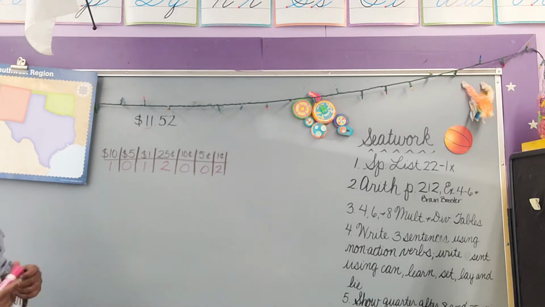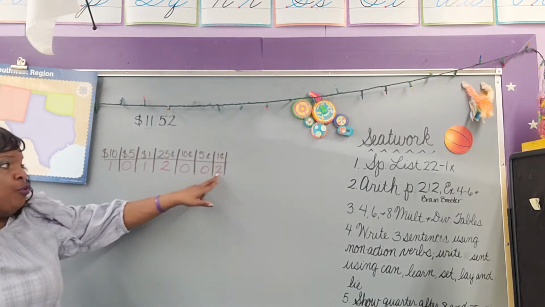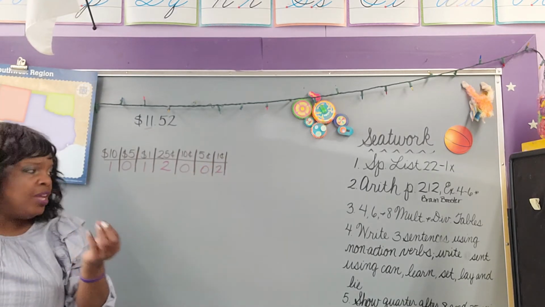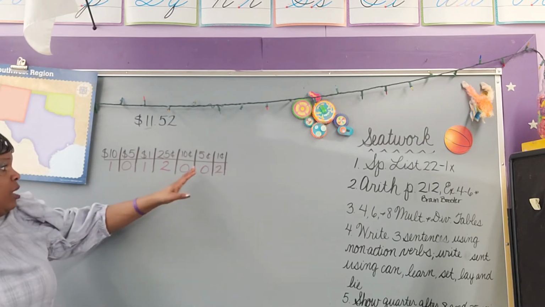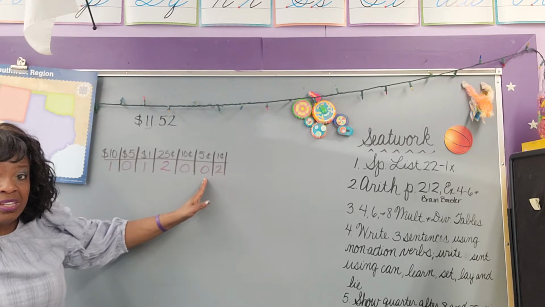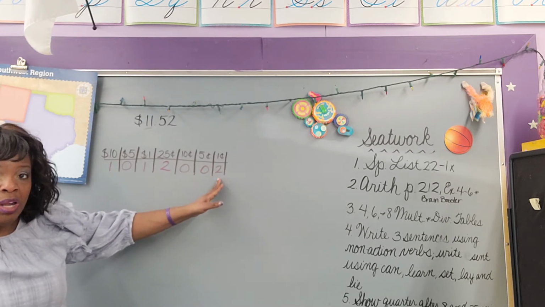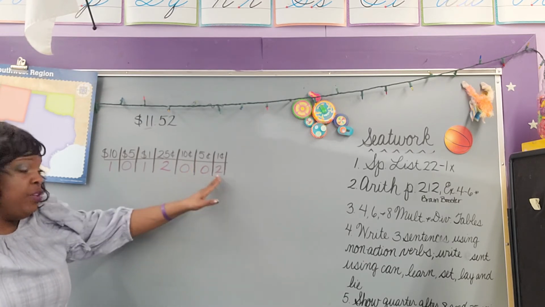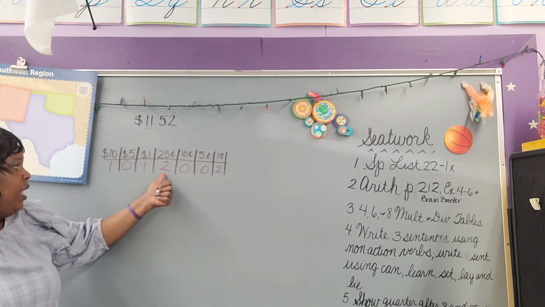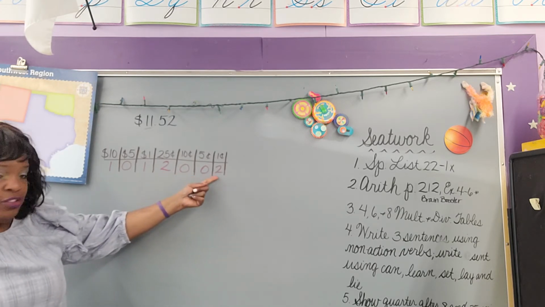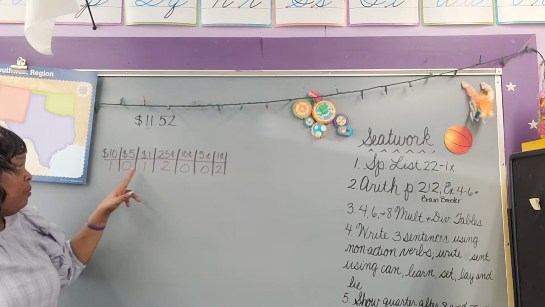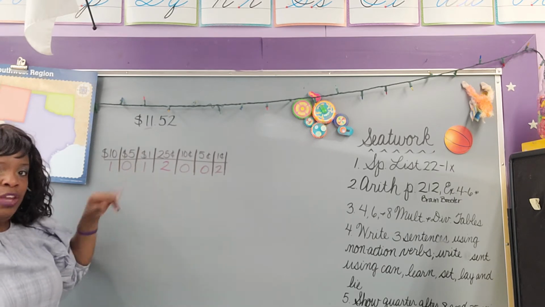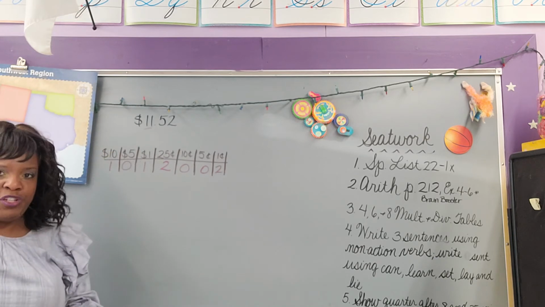So instead of giving somebody 52 coins or 10 coins or 10 with 2 more or even 5 with 2 more, I can give 2 quarters and 2 pennies, and 1 $10 bill and 1 $1 bill in order to get to $11.52.